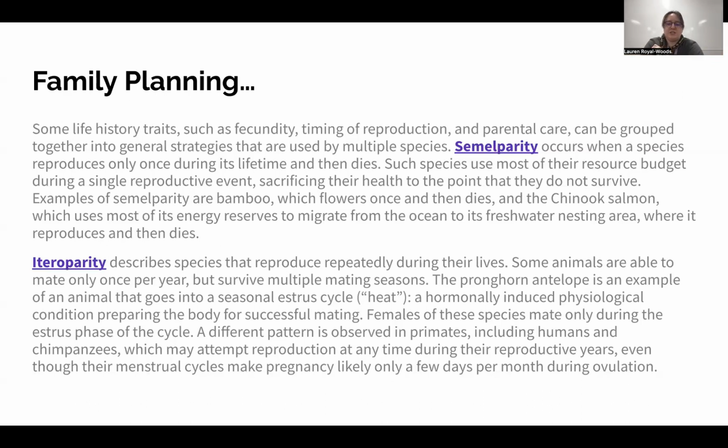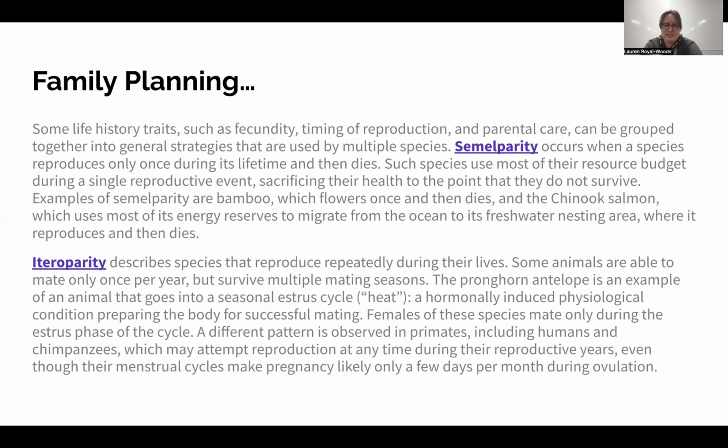Females of these species only mate during the estrus phase of their cycle. We don't have that. I know we have a time of the month, but there is no heat. There is just, our body is ready once a month to get pregnant if everything's working fine in your body.